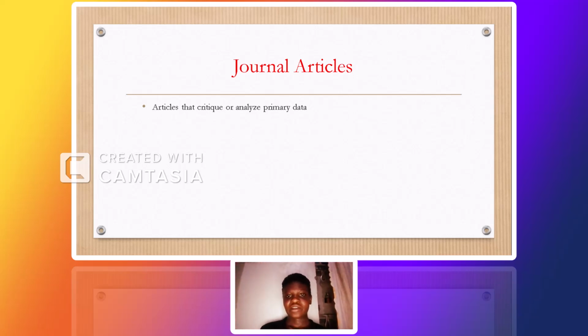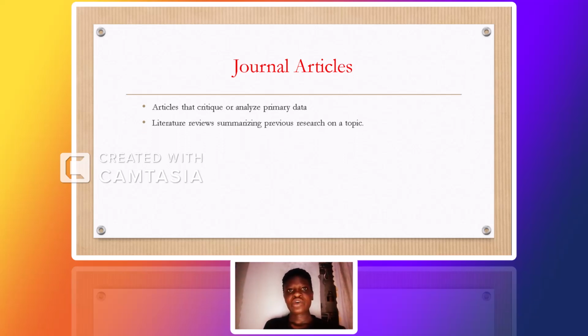They might include research papers analyzing the results of scientific experiments, whether biological, physical, or whatever, and also literature reviews summarizing previous research on a certain topic of your choice.